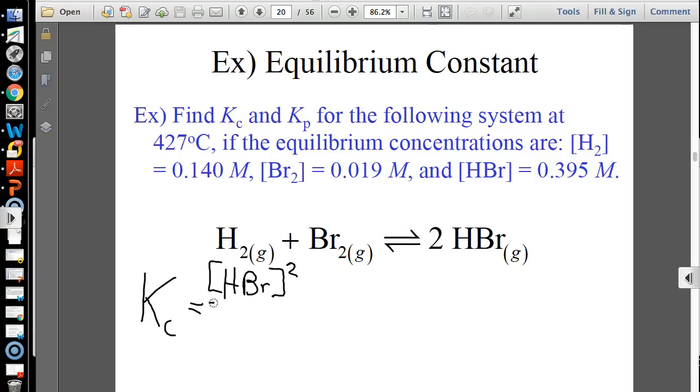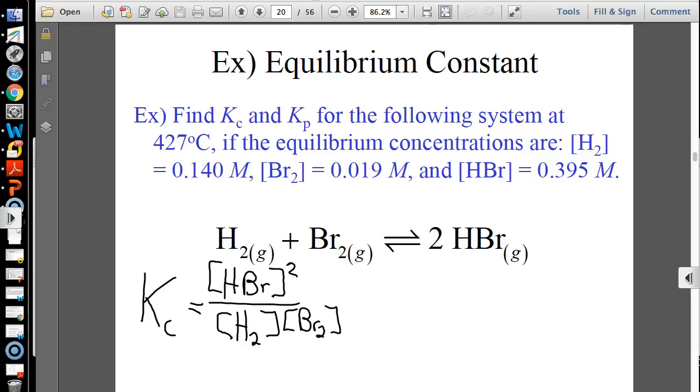It's going to be raised to the second power because the coefficient's 2. And then I have hydrogen gas, and I have bromine gas. That's not a big deal. Now we're just going to fill in those molarities and then punch buttons on your calculator, and then you'll get what the equilibrium constant is. That doesn't sound so bad, right?